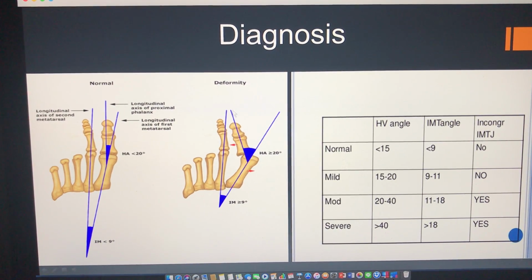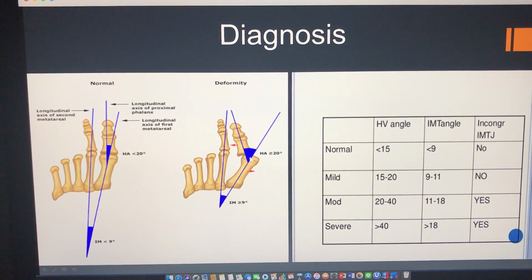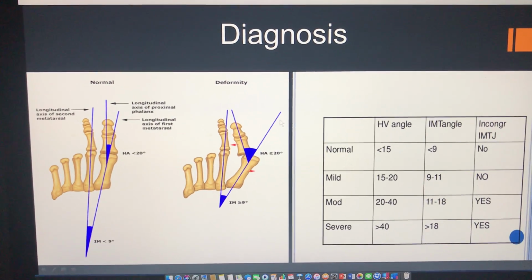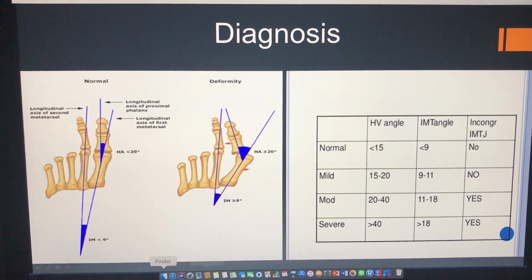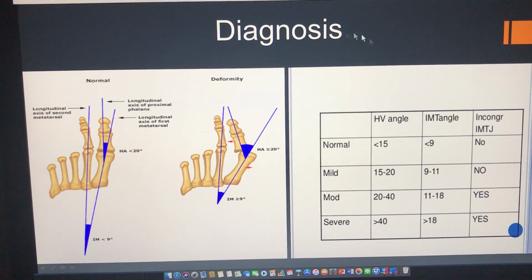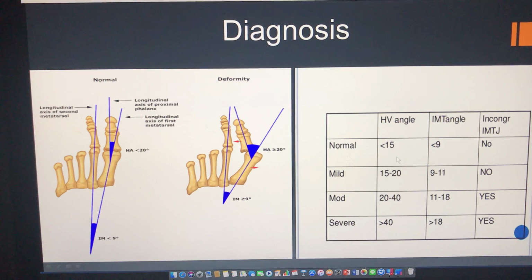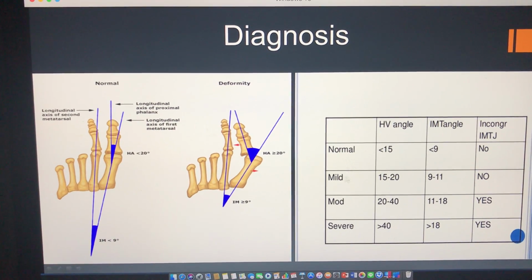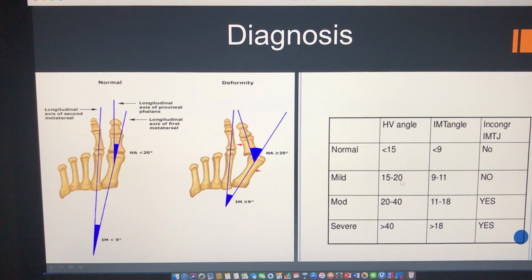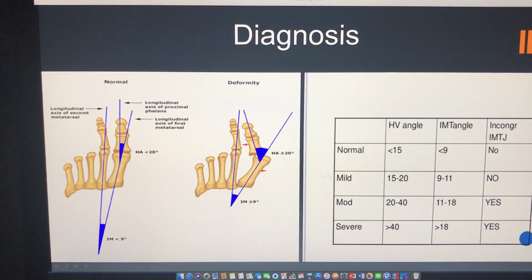This angle, between this line and this line, we call the Hallux valgus angle, which is usually less than 15 degrees. But if you have more than 15 degrees, we call it Hallux valgus. They have mild, moderate, and severe, based on the measured angle.